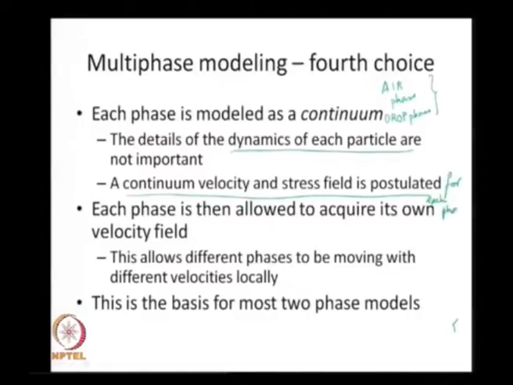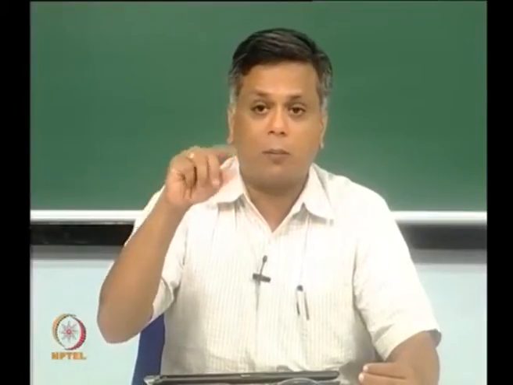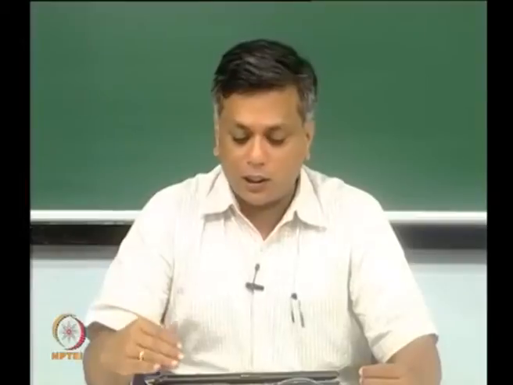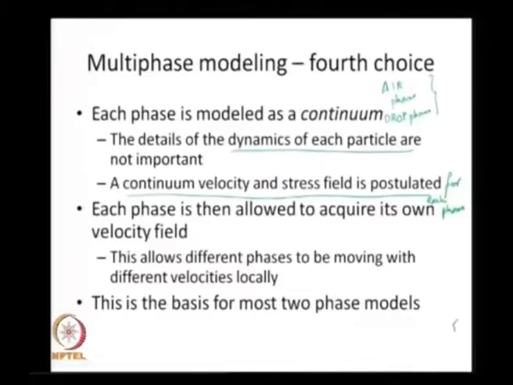This is the distinction. If you go back to our mixture level or single fluid approach, we said that the two fluids are mixed into a single fluid, and you are only defining a velocity for that single fluid. Whereas, in this fourth approach we are defining a velocity and a stress field for each of the two phases, air phase and the drop phase.